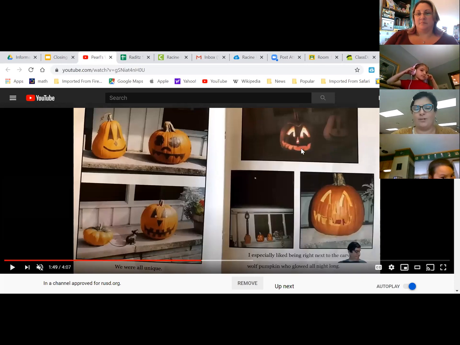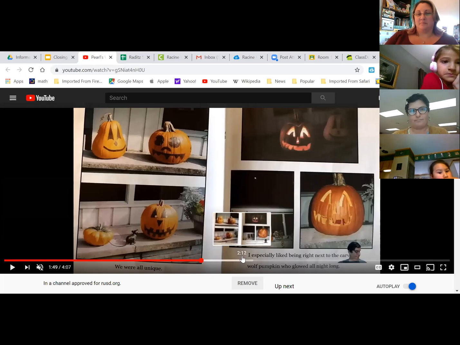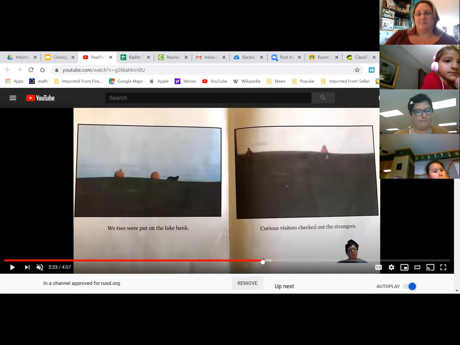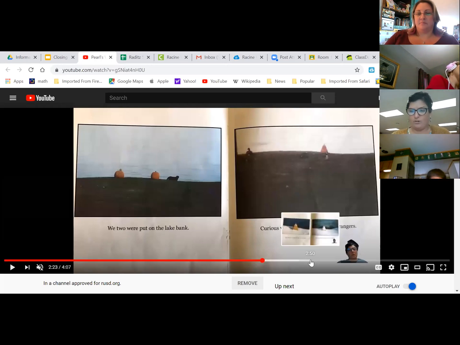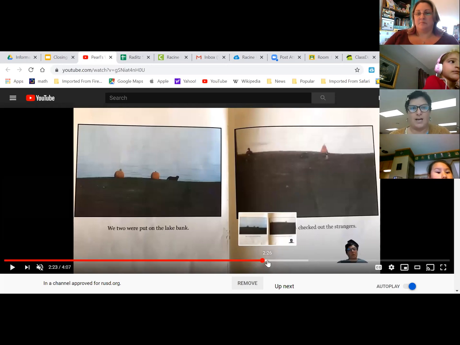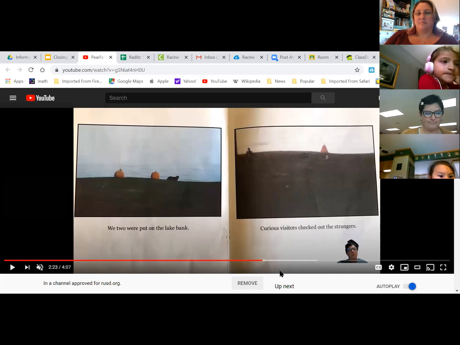So she thinks that one looks like a wolf. We too were put on the lake bank. Curious visitors checked out the strangers. So do you see the duck? Maybe you'll see it. Yep, right there.